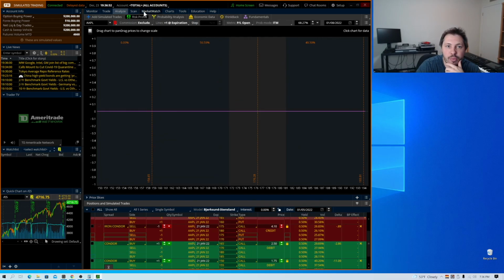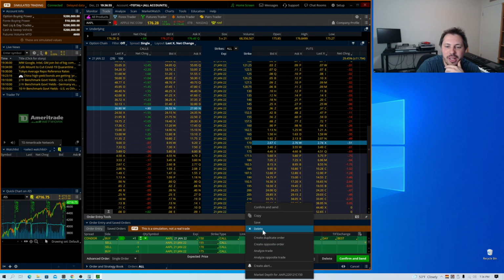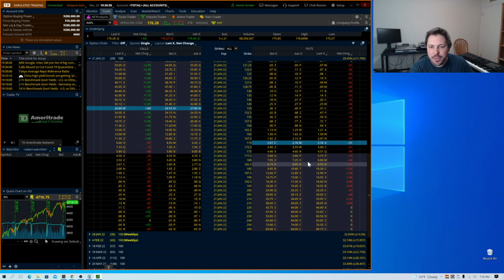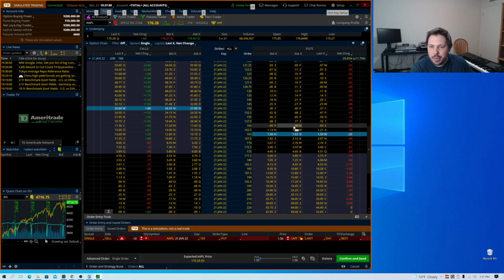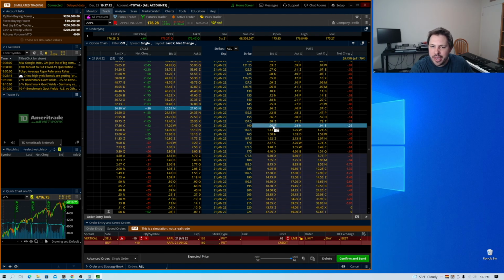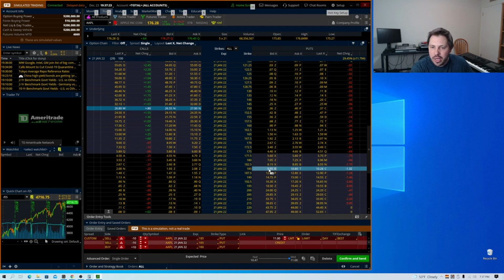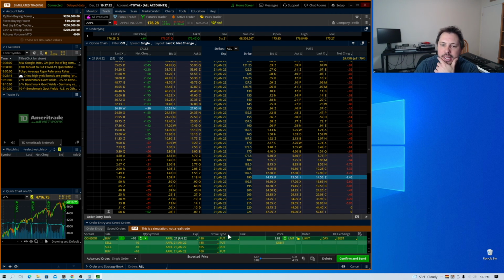So if we were to come into Apple here and wanted to encapsulate the price of the asset and have a condor around it using puts only, we could sell this 165, buy the 160 below it. There is our put debit spread. Then at the money is 175, so maybe we sell that 185 and buy the 190.